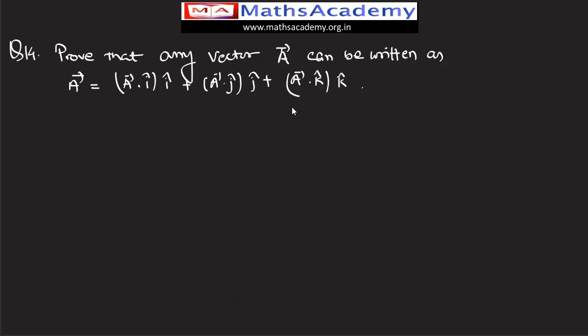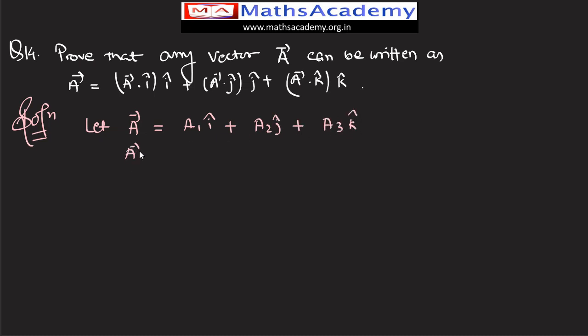Now this is the last question of this lecture. Here we are going to prove that any vector A can be written in this form. First of all, let the A vector be defined as a1 i cap plus a2 j cap plus a3 k cap.